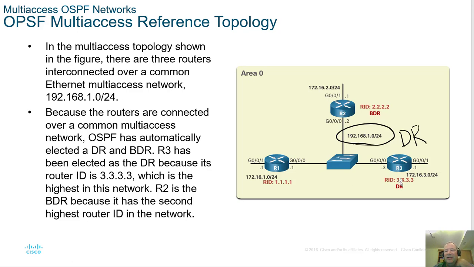Now, they did something to alleviate that. Here's the problem with making a live interface the value of your router ID. If this interface happens to go into a down state, your router ID changes, so the router ID would not be 192.168.1.3 for router 3, but it would switch over to 172.16.3.1.